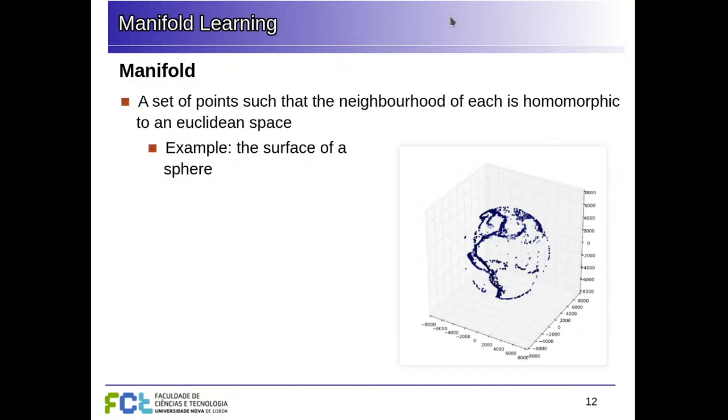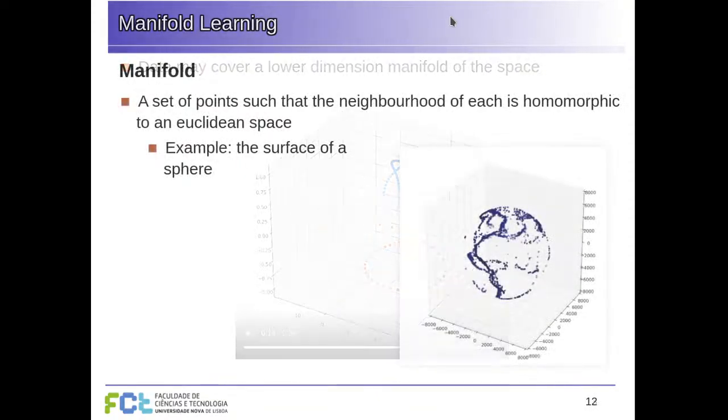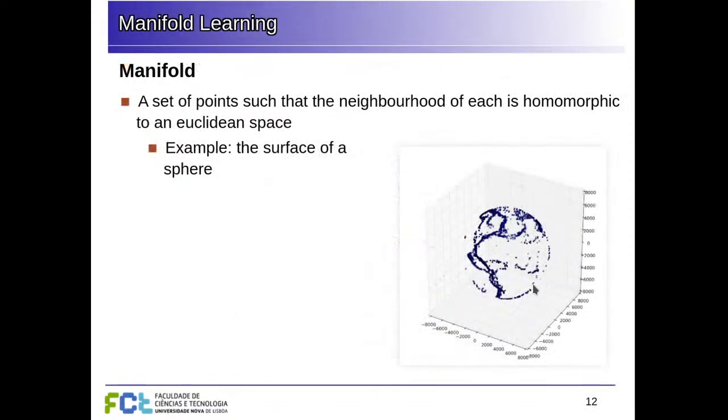A manifold is a set of points where the neighborhood of each point is similar to a Euclidean space, so it can be mapped to a Euclidean space, but is embedded in a higher dimensional space. For example, we have here the points at the surface of a sphere.